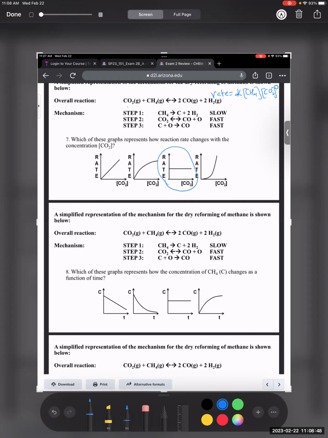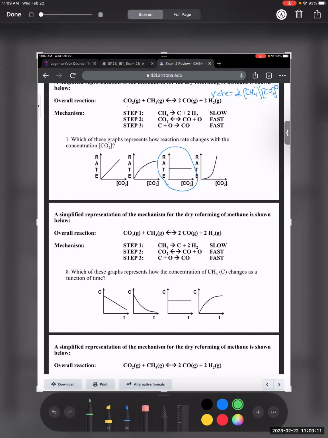Next question, which of these graphs represents how the concentration of CH4 changes as a function of time? So now we know that it is a first order reaction with respect to CH4, okay? And the idea is the exponent for CH4 is 1. It is implied already.